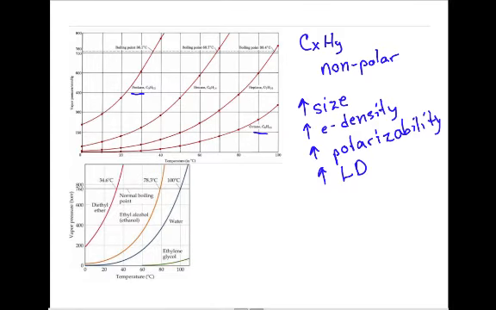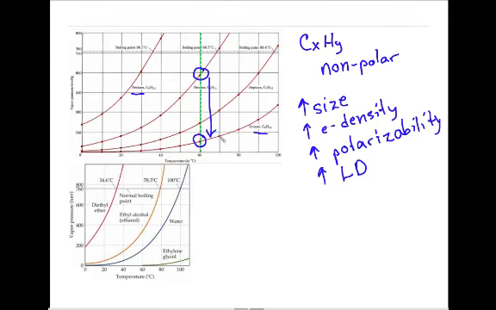Okay? So if you take a look at a given temperature here, so let's just pick 60 degrees, and we go up to a given temperature, you notice that the one with the lower London dispersion has a higher vapor pressure than as you go to the one with greater.